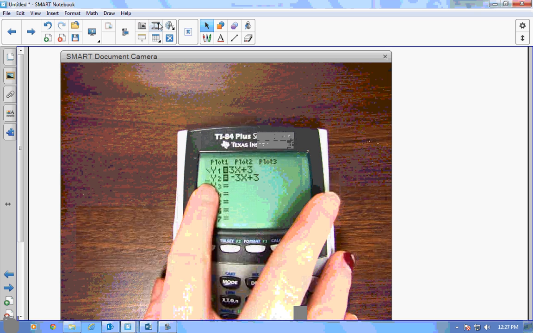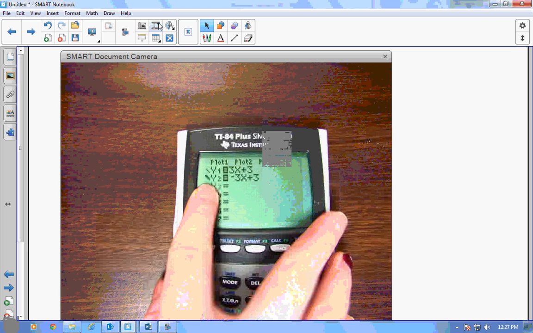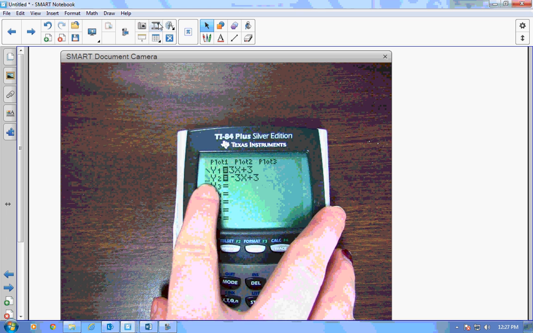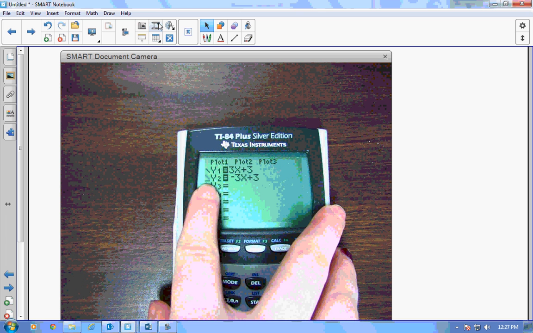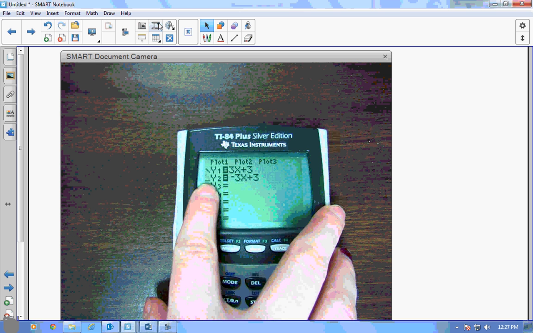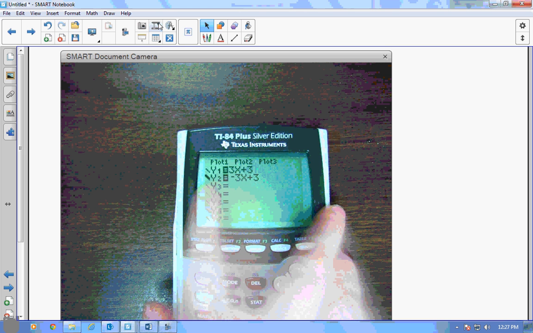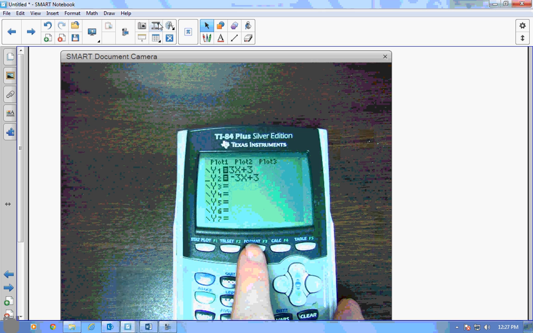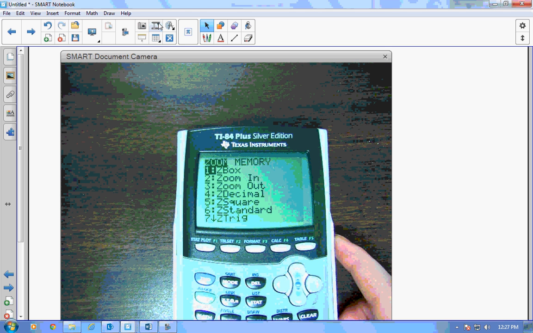See how this one's thick so I can see the difference? Arrow over and just push enter until you get a thick line. To make sure everyone's windows are the same, go to Zoom and pick Z Standard. I think it's number 6. Okay, Zoom, Z Standard, yep, number 6.